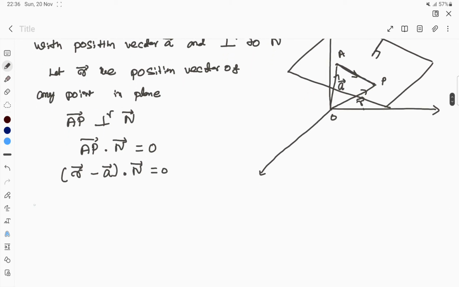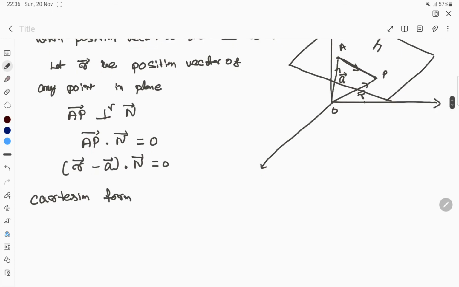In Cartesian form, what can we do? Already I told you, R is the general point, which means the point P always has x, y, z, and A is any given point, which means given points are always x1, y1, z1, right?